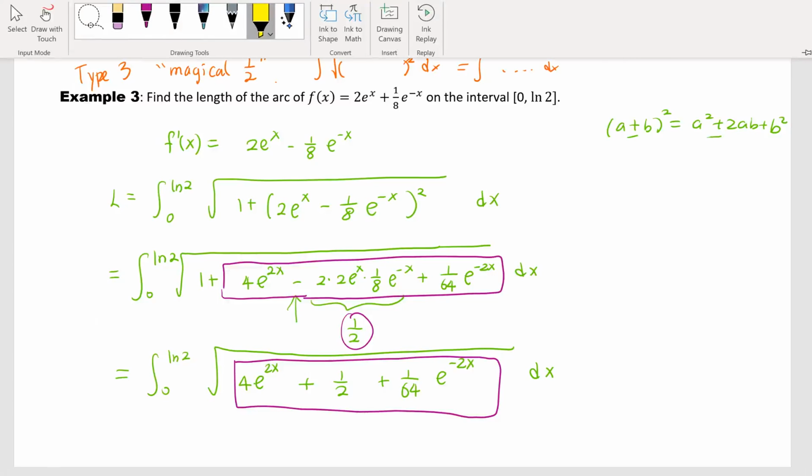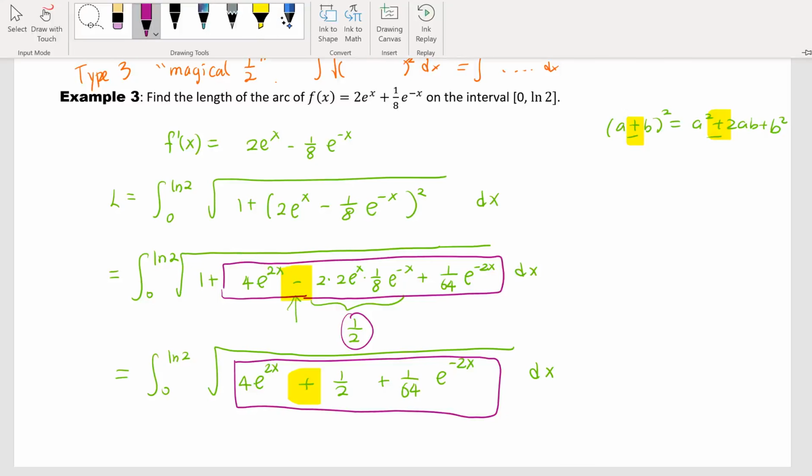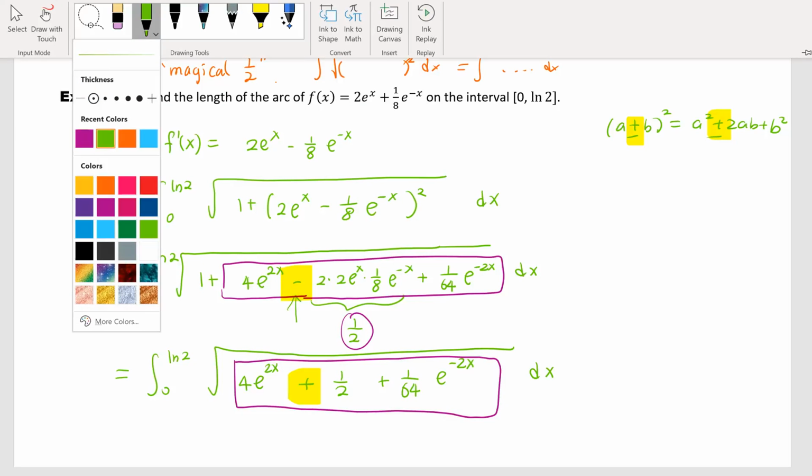One of them is minus, the other one is positive. So, you see, this guy will actually give us another complete square. It's almost the same thing as before, but right now you just change the sign from minus to positive.